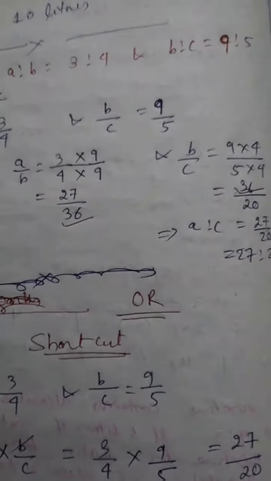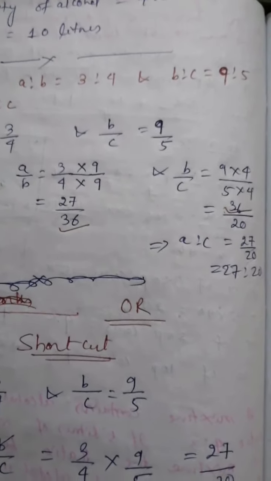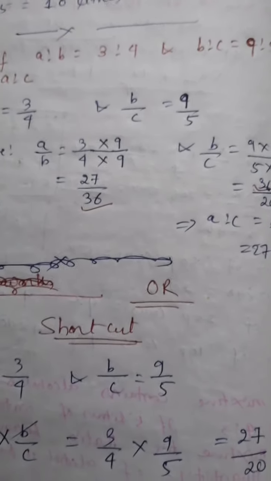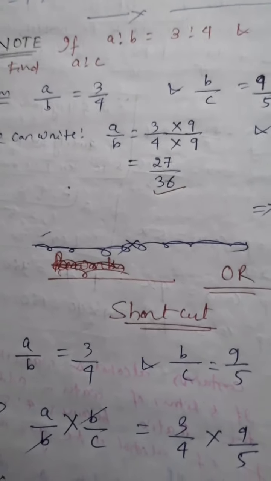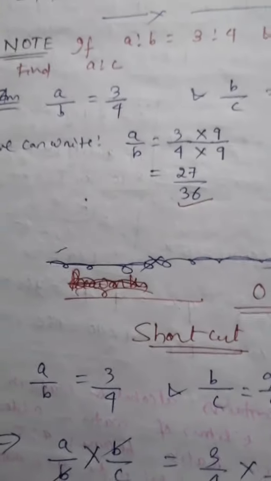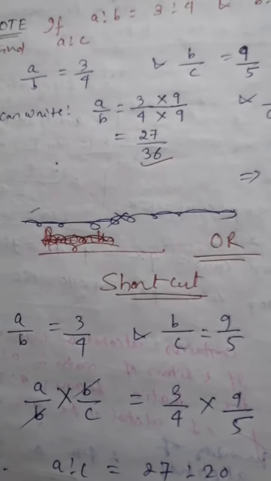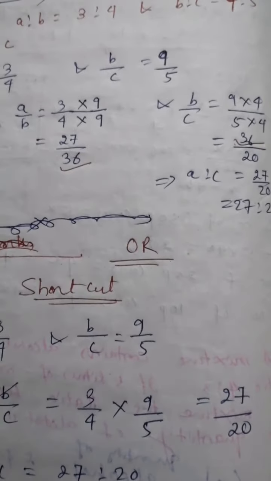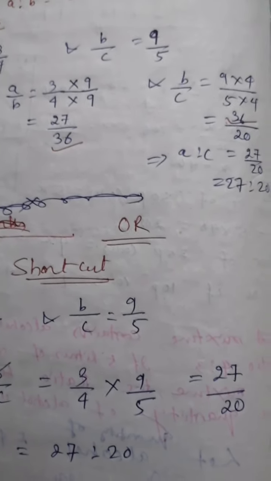If A is to B equals 3:4 and B is to C equals 9:5. Take a look here that B's value is different in the first ratio, that is 4, and different in the second ratio, that is 9. It has asked us to find A is to B. So I will put A by B equal to 3/4 and B by C equal to 9/5. Then I can write A by B equal to 3 into 9 divided by 4 into 9, and similarly B by C equal to 9 into 4 divided by 5 into 4.